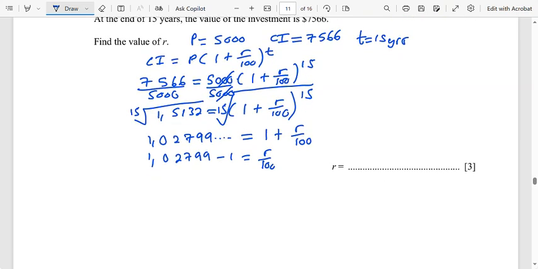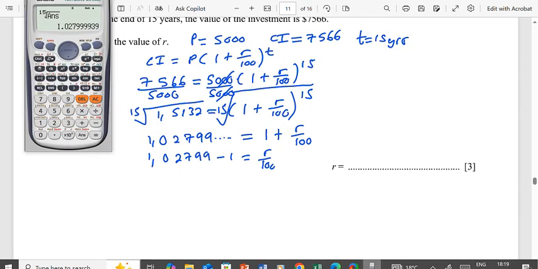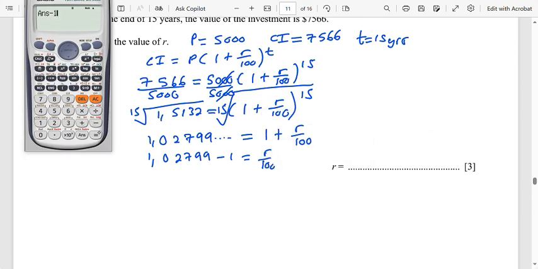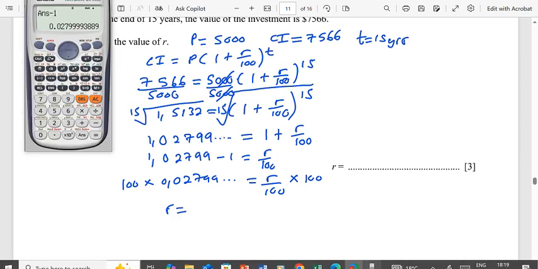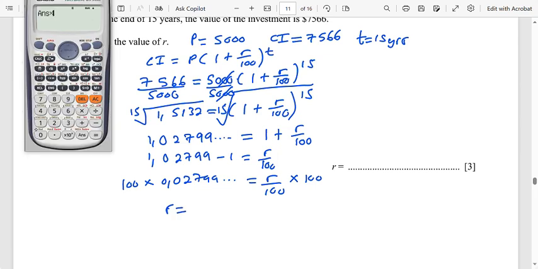So we're going to subtract 1 from our answer, which you are going to get 0.02799... being equal to R over 100. So to get R, we're going to multiply both sides by 100. So R in this case is going to be times 100.